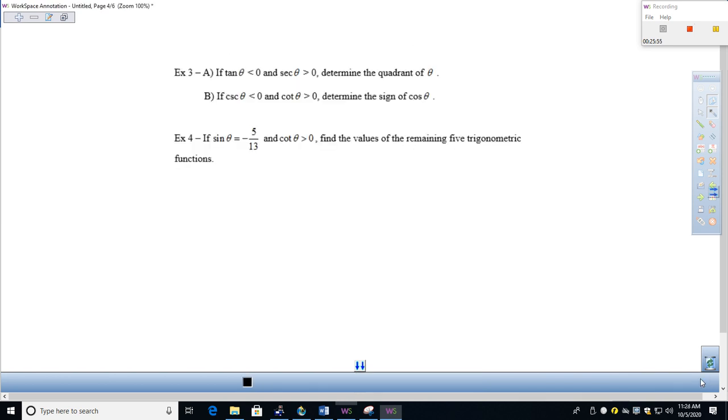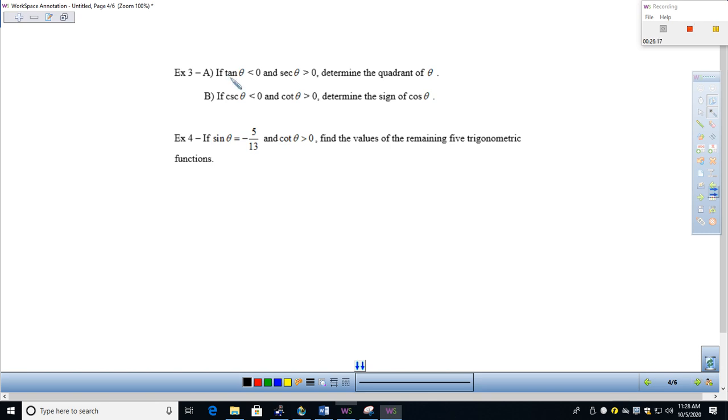All right. So let's do an example to back that up. Example 3. So, you should know these now. In this case, if I tell you some information about theta, you can tell me where theta is. So you ready for it?